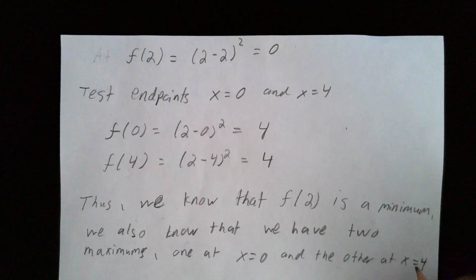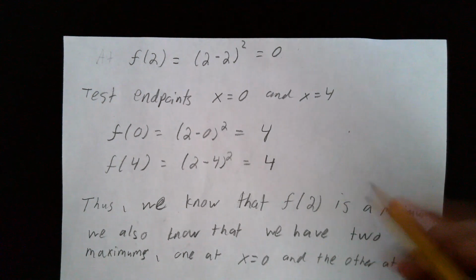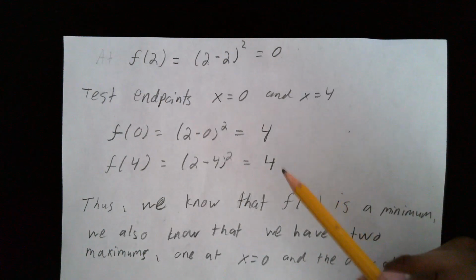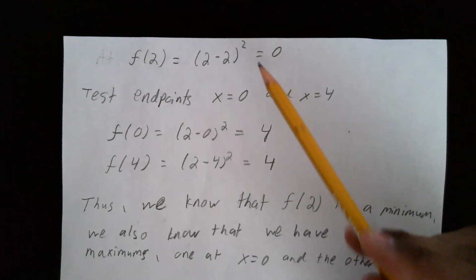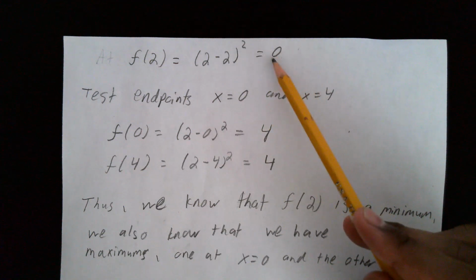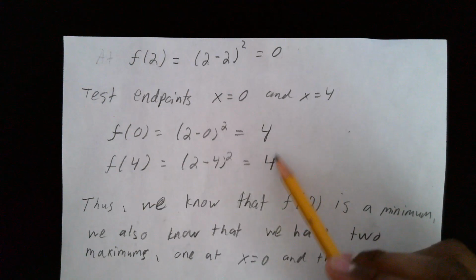We can tell that both of them are maximums because both of them are greater than what we got when we plugged in the critical number. So, for example, let's just say hypothetically that these were both less than our critical number.